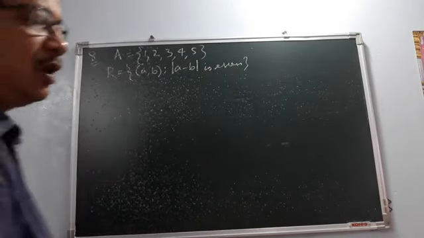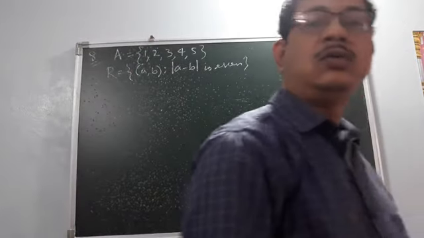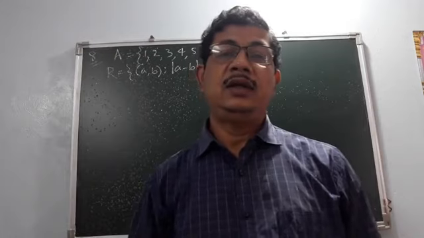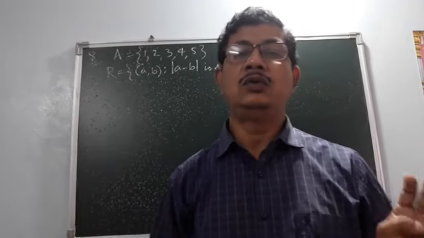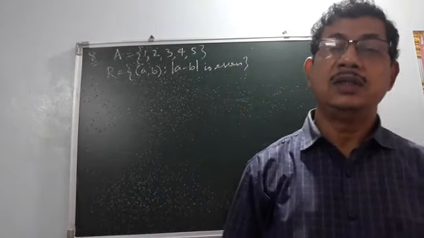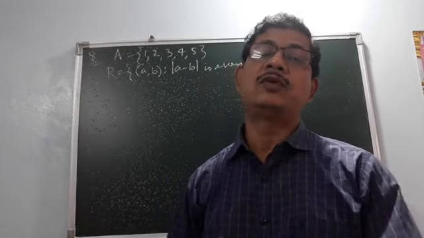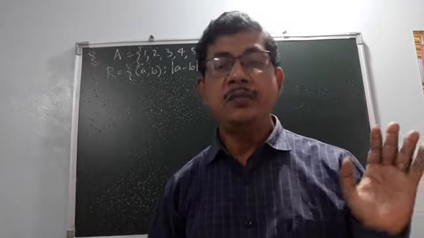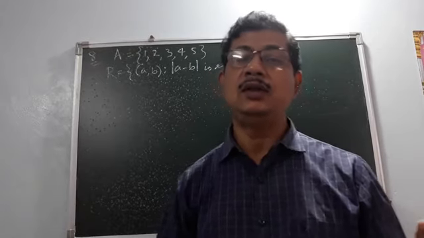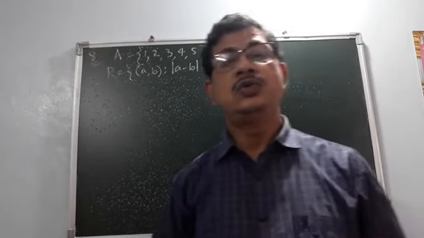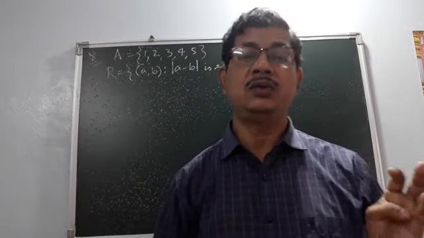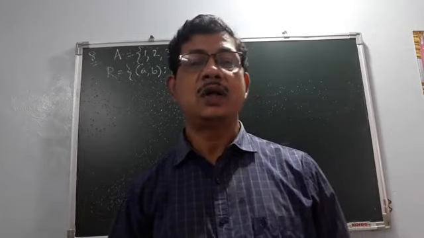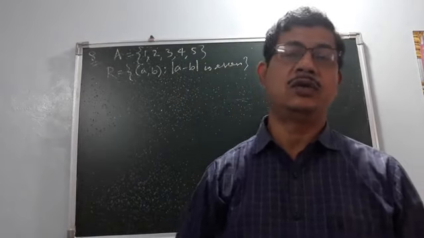Before doing this sum, I want to clear something. Odd numbers, meaning 1, 3, 5, 7. Even numbers, meaning 2, 4, 6, 8, dot dot dot.